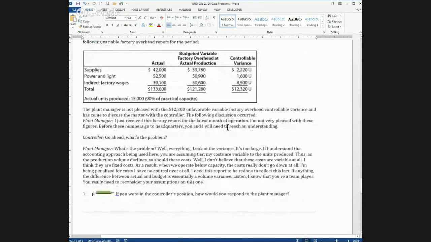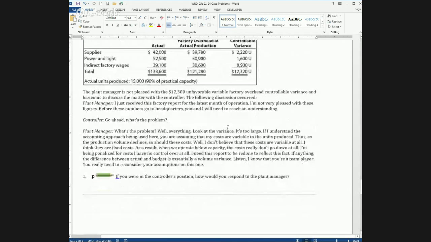Well, the plant manager obviously is not satisfied with this, and the justification is that, well, some of these costs are fixed. And so no matter whether the company produces a lot or a little, many of these fixed costs stay the same. So if the controller has buried some fixed costs in these supposed variable costs, that is the cause of these unfavorable variances.